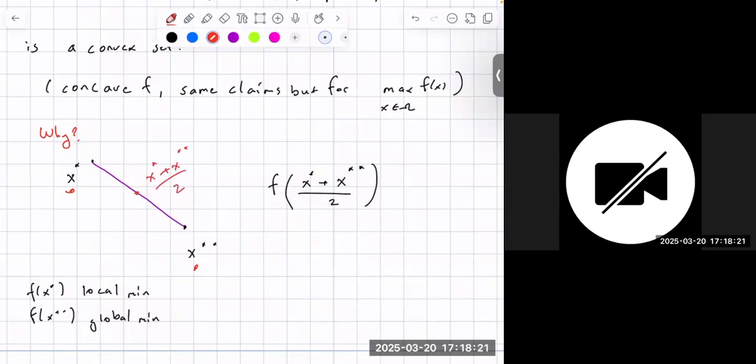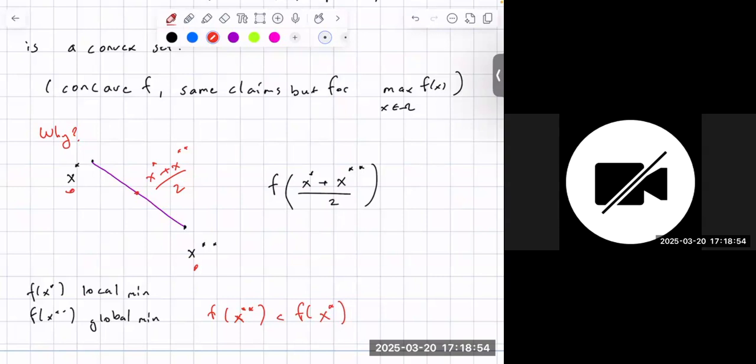I'm assuming the second guy is a global min, so f(x**) is less than f(x*). What I told you is that something like this cannot happen. Local and global are the same. Suppose that happens and we will try to get to a contradiction. Suppose this is a local min and there's another one, which happens to be even smaller. Let me take the line segment between them and the point in the middle.